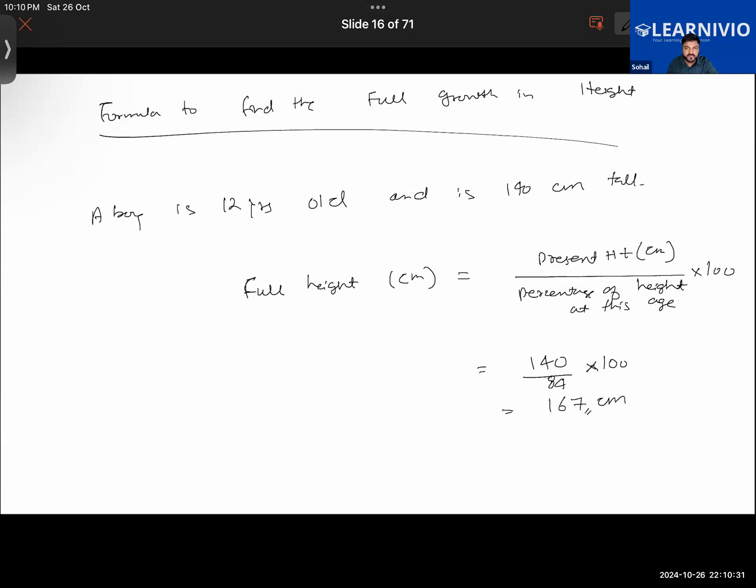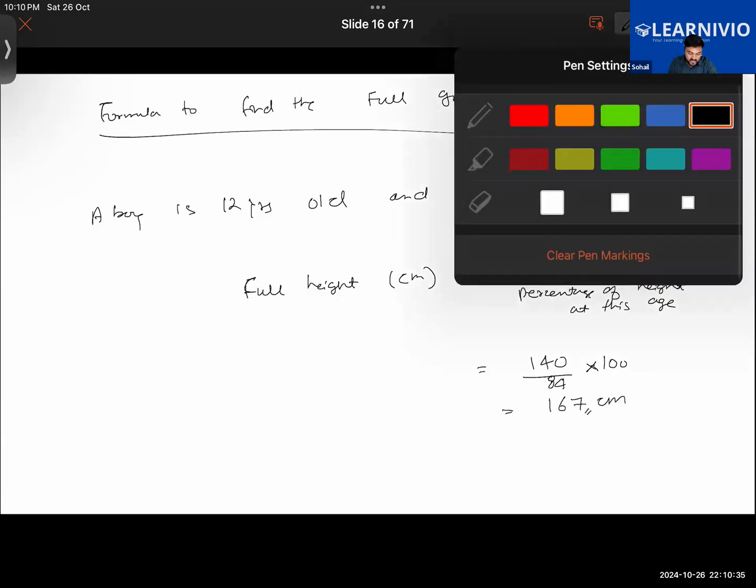Getting it now? Yes. So now, taking the help of that chart, you're going to solve one question. Let me just write the formula which we have just seen.